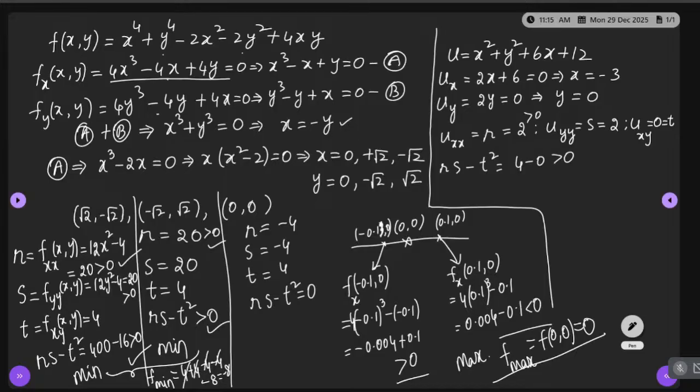So u has minimum at x equals minus 3, y equals 0. Finished or not?